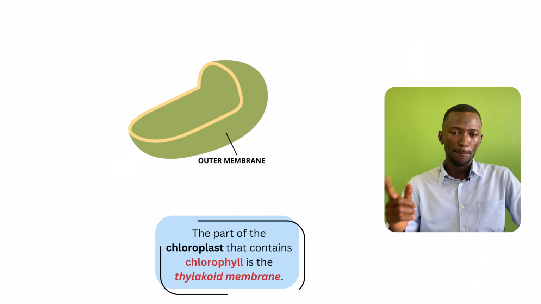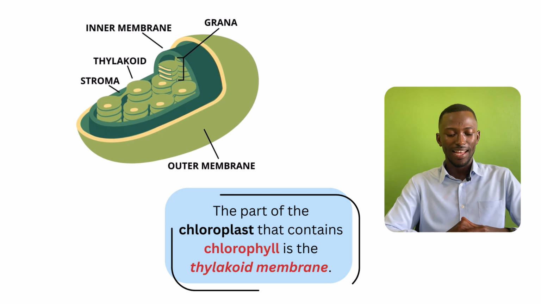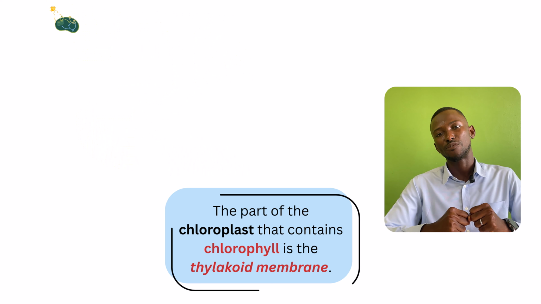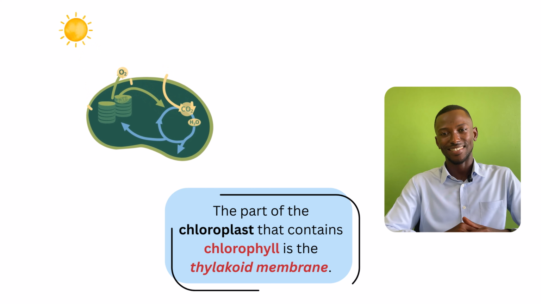Next up, we have an organelle that is unique to only what? Plant cells. That is known as the chloroplast. You see, the chloroplast contains a pigment called chlorophyll. The chlorophyll has the ability to absorb energy from the sun to use in photosynthesis.